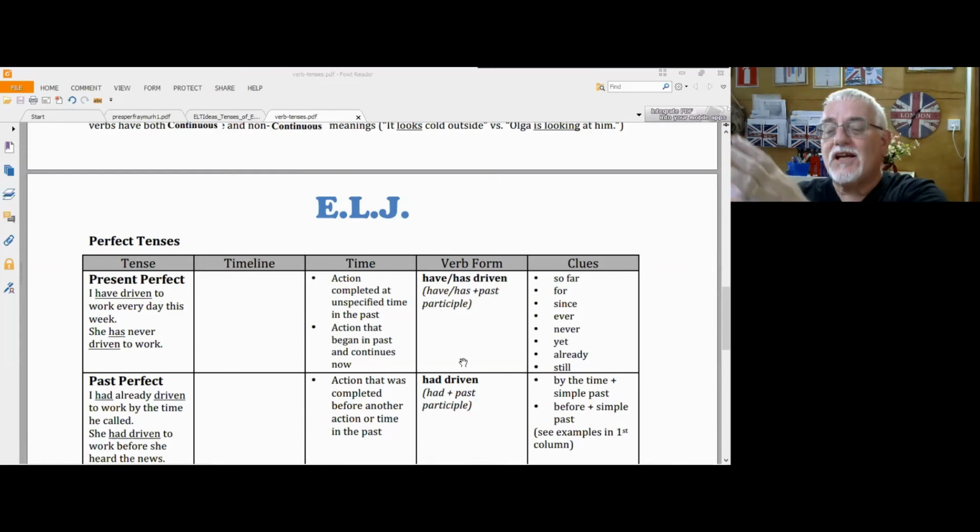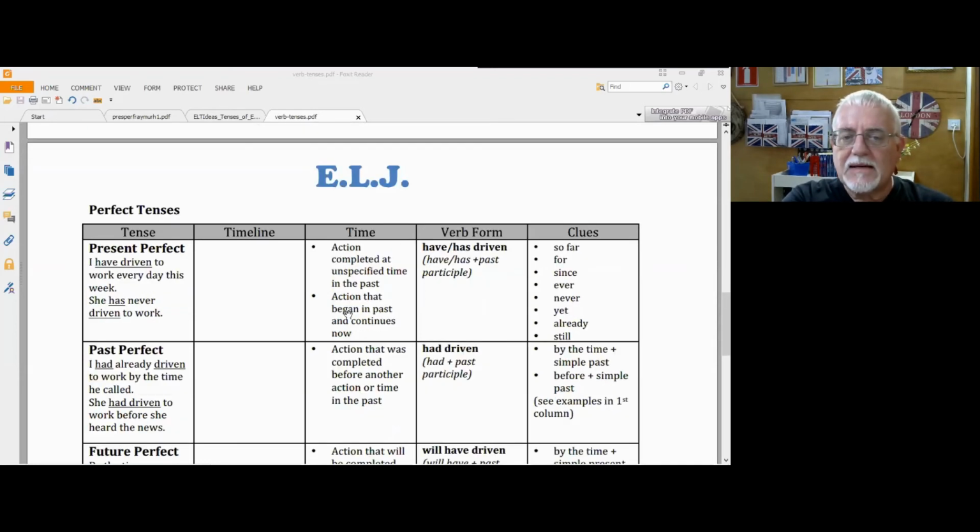You need to start reaching the upper elementary, going towards intermediate to fully understand these tenses. So let's have a look, first of all, at the timeline. It's an action completed at an unspecified time in the past. An action that begins in the past and continues now.